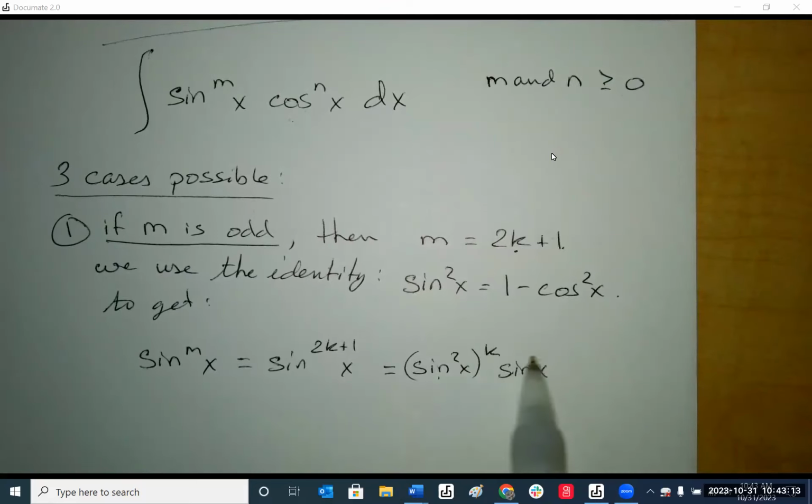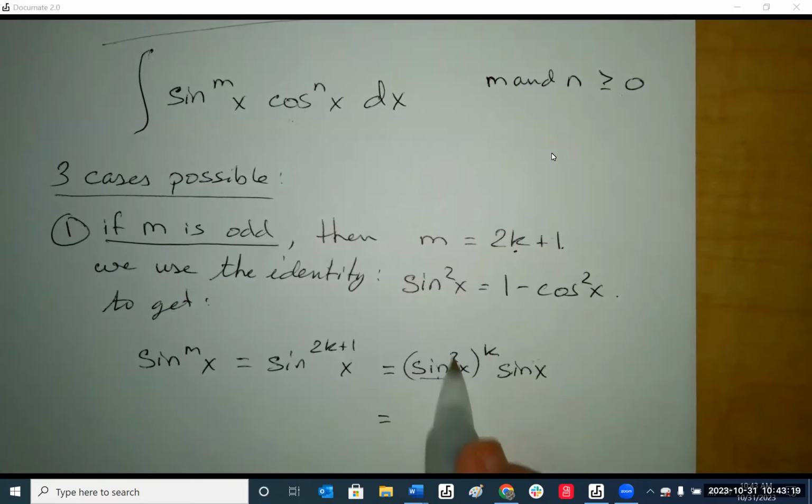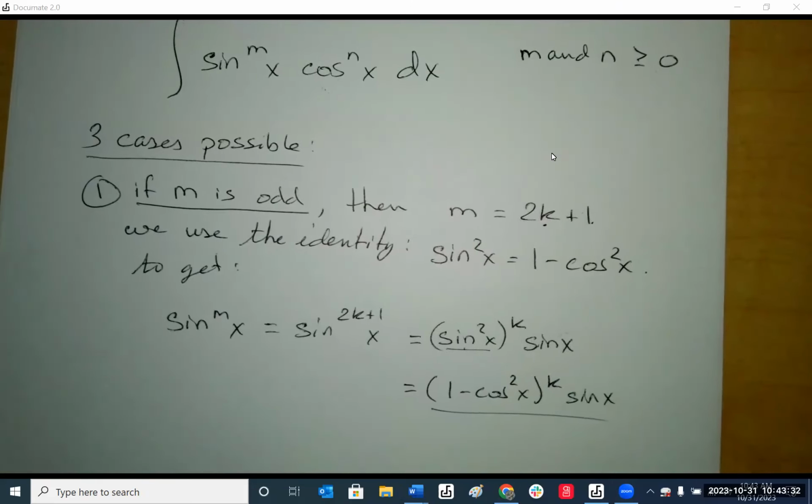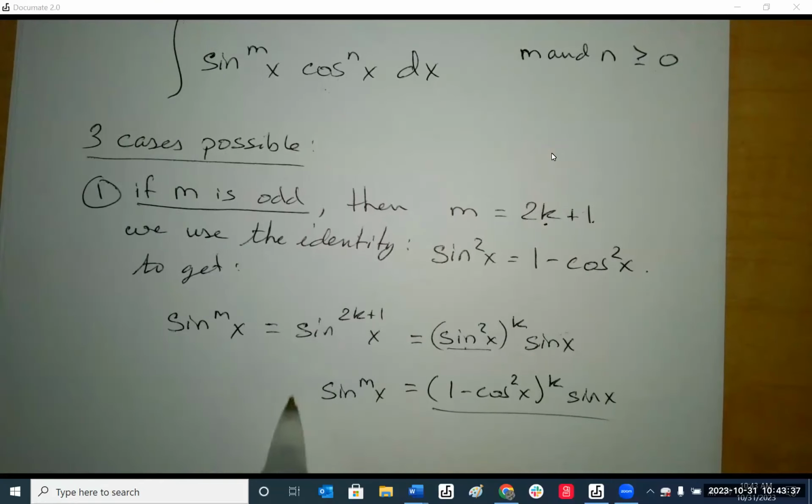So we have 2 times k plus 1, so we can split it up that way. Now, sine squared is 1 minus cosine squared x, to the power k. So when m is odd, we use this formula.